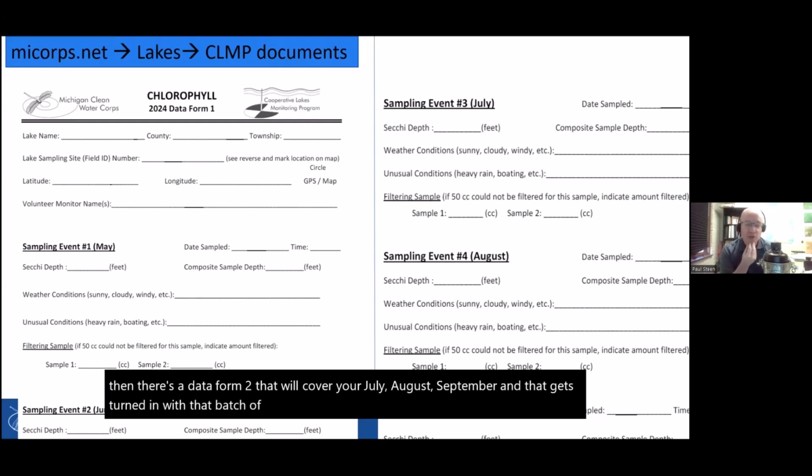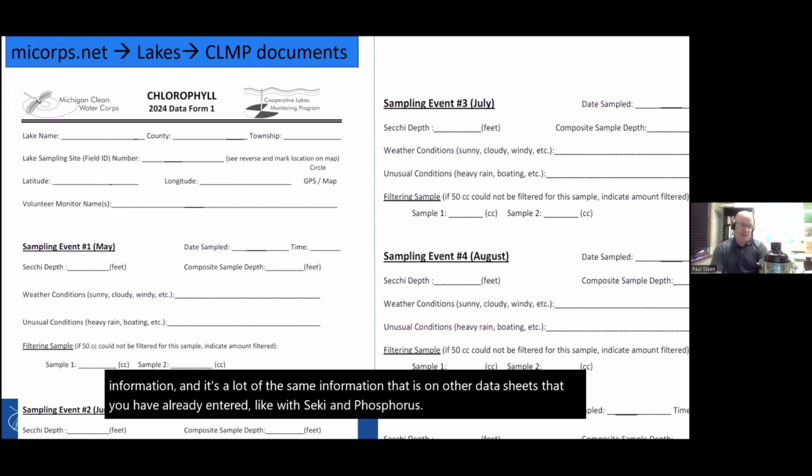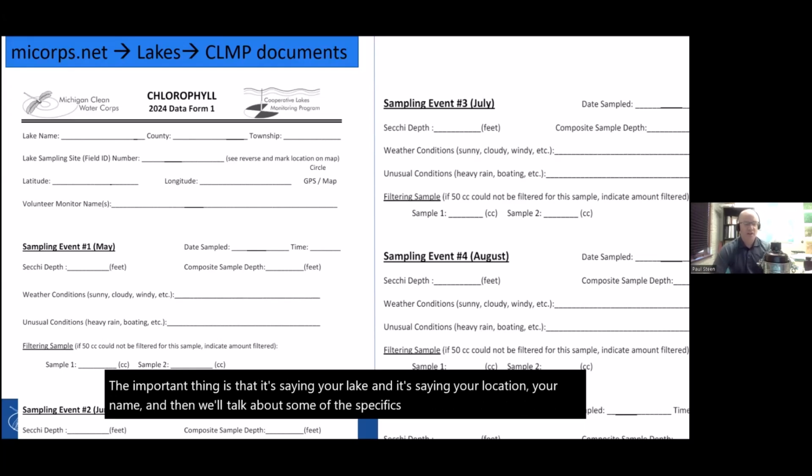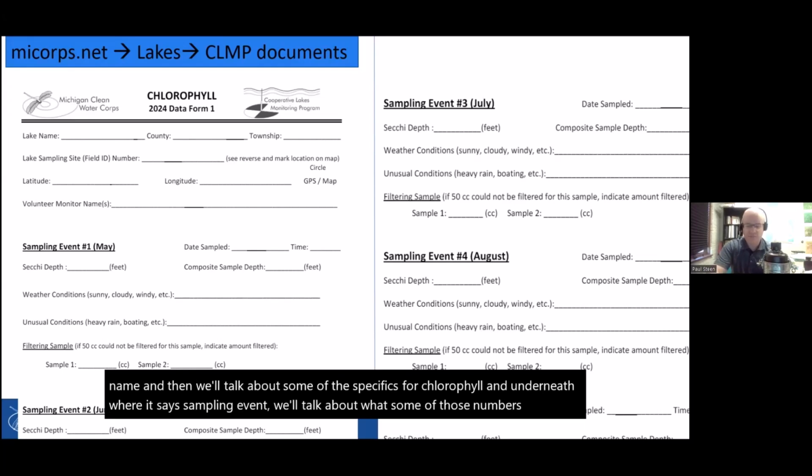The data sheets are pretty basic information, and it's a lot of the same information that is on other data sheets that you have already entered, like with Secchi and phosphorus. The important thing is that it's saying your lake, your location, your name, and then we'll talk about some of the specifics for chlorophyll, and underneath where it says sampling event, we'll talk about what some of those numbers mean in just a little bit.